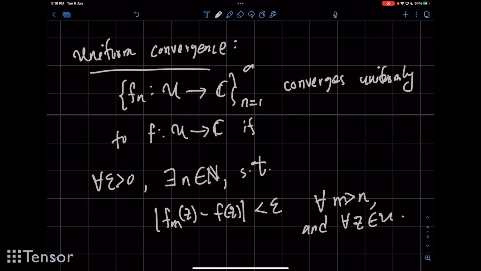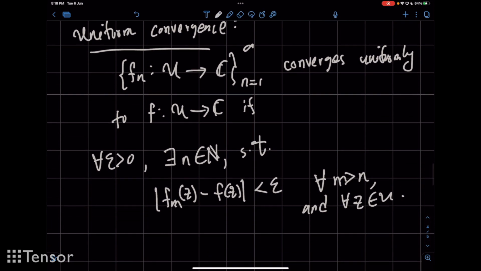Okay, so this is a little bit different from the normal convergence. In the normal convergence, if I have an epsilon, I can have a different n for different z.